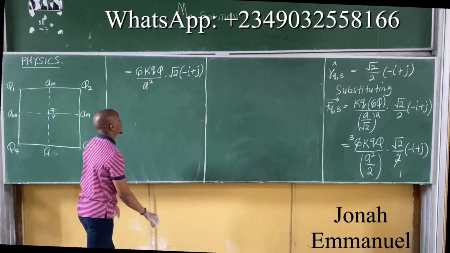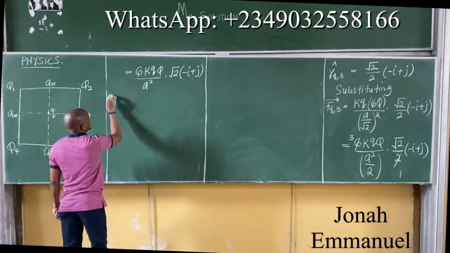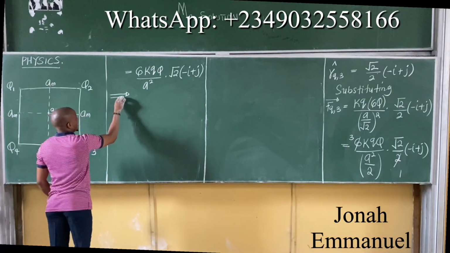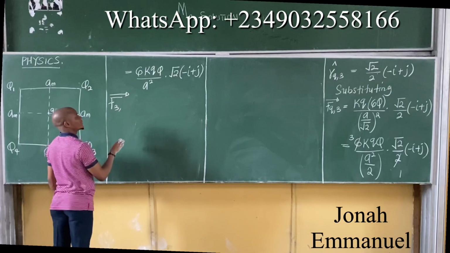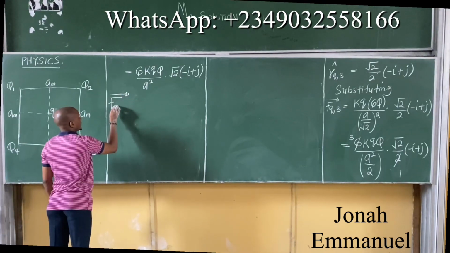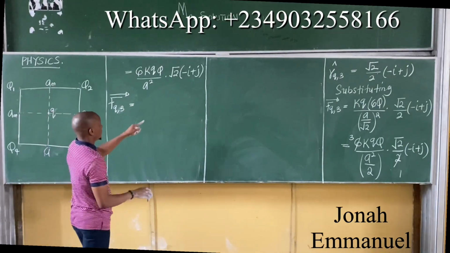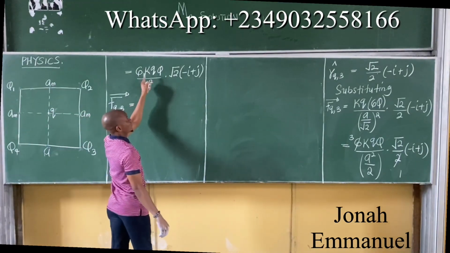plus J. And that's now equal to, just to retain the form, you know what to do. So it becomes FQ3 equal to, just to retain the form, bring this here, take this one here.